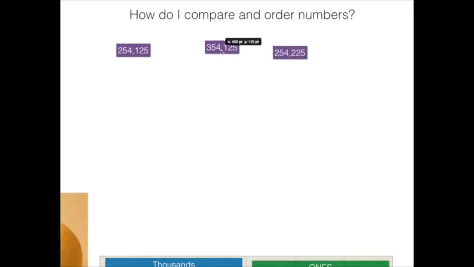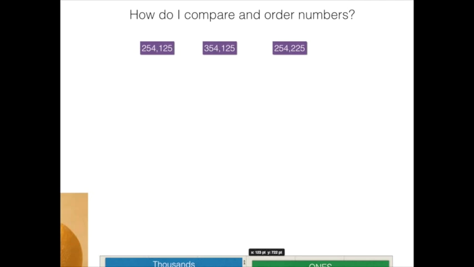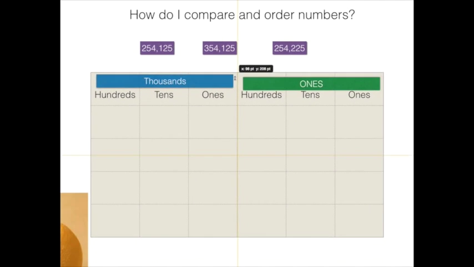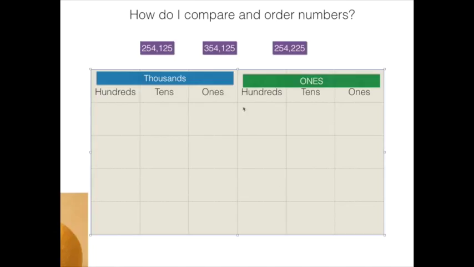Okay? So I'm going to compare these numbers, and I want to find out which one is the greatest. The easiest way to do that is to break out your old place value chart. I happen to have one right here.